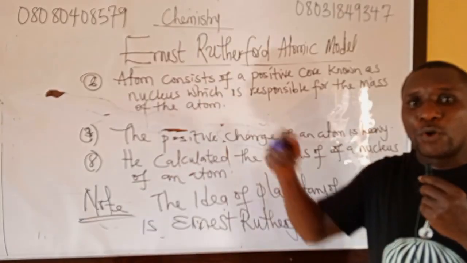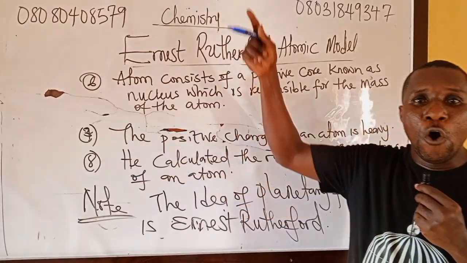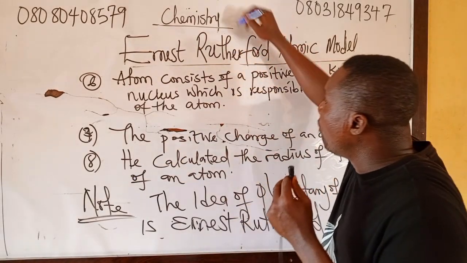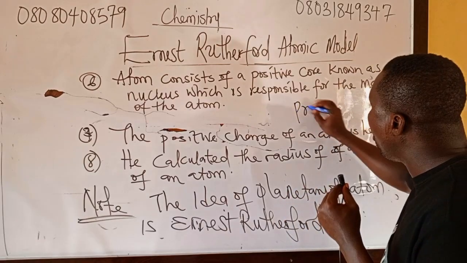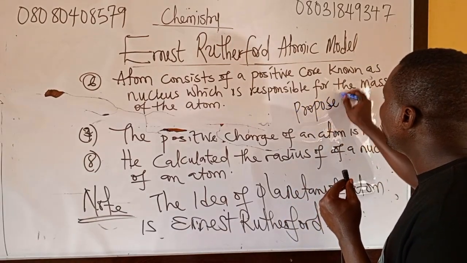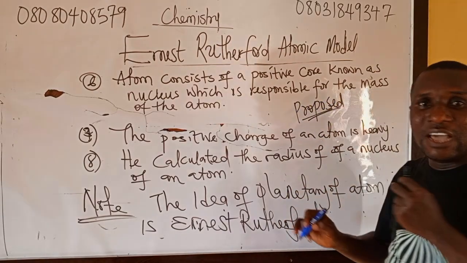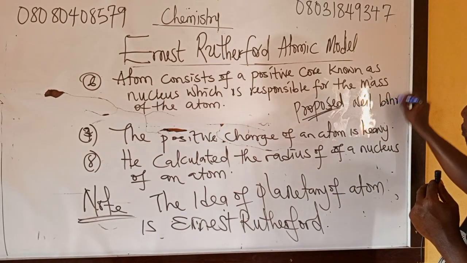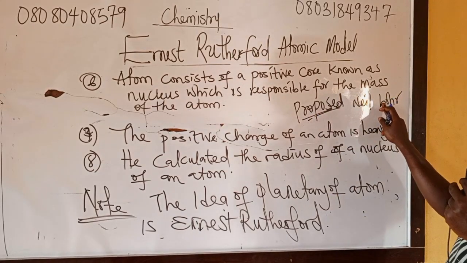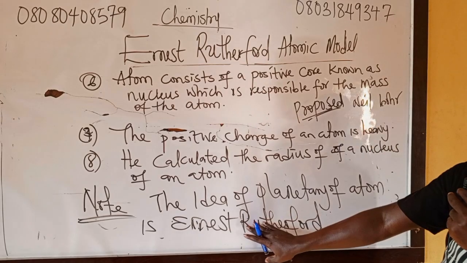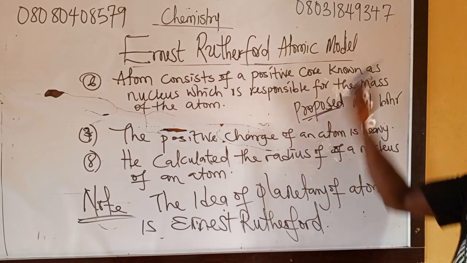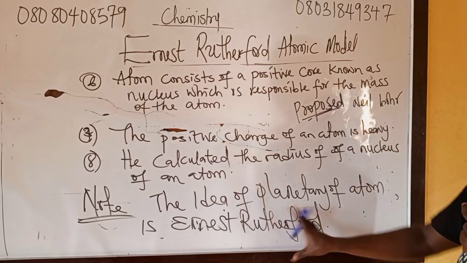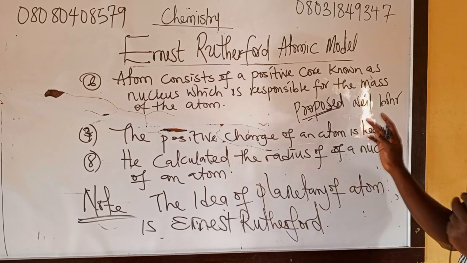But who proposed that idea? Nebo, 2023 JAMB. If they ask you who proposed that idea of planetary, it is Nebo. Nebo proposed that idea, but the idea is Ernest Rutherford's.